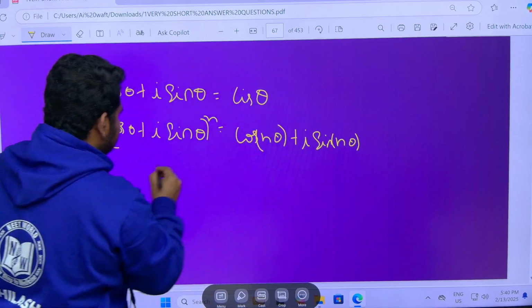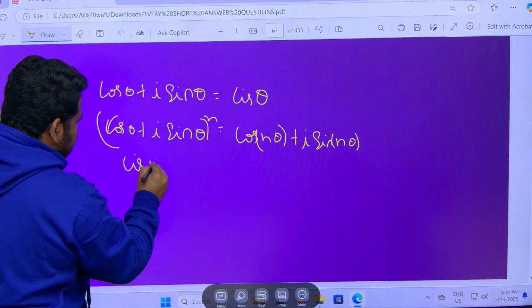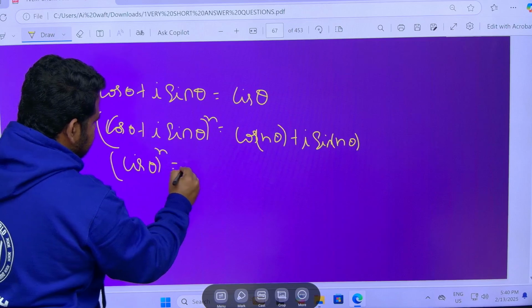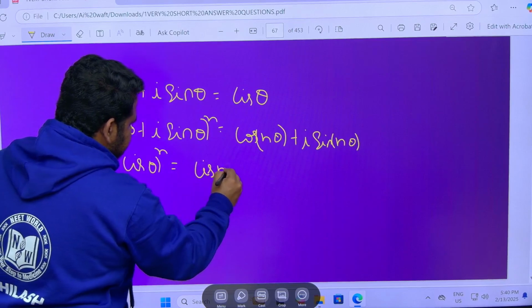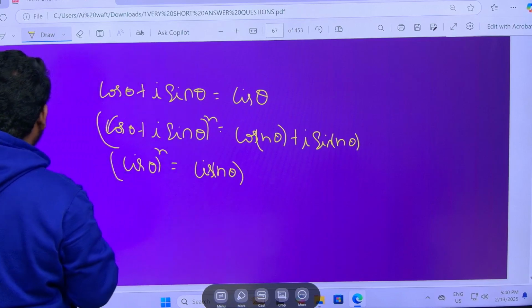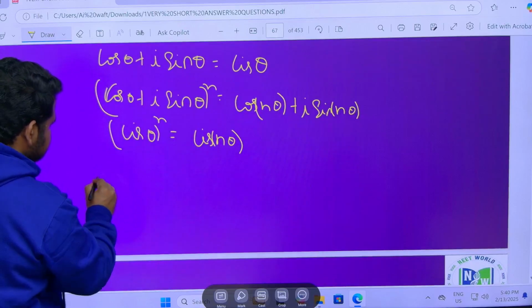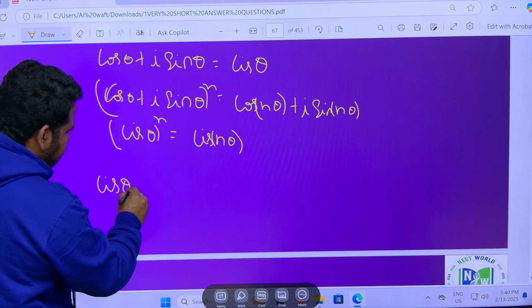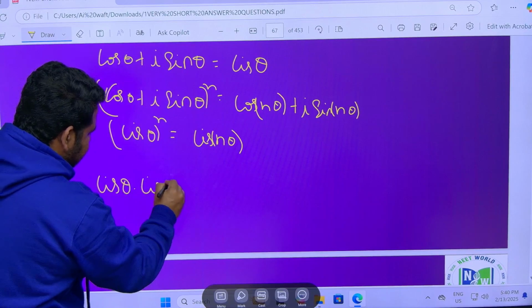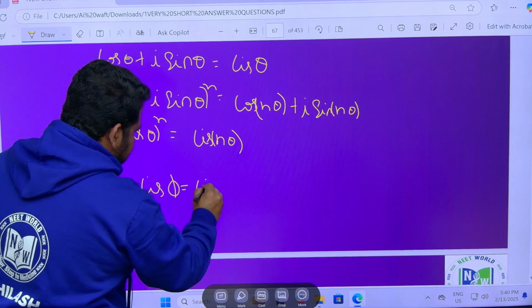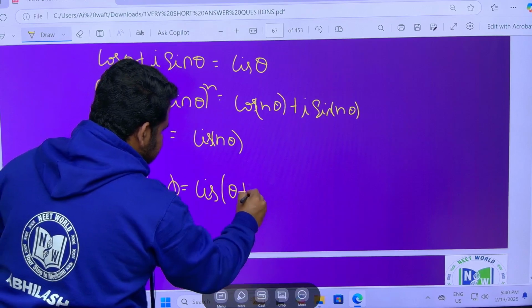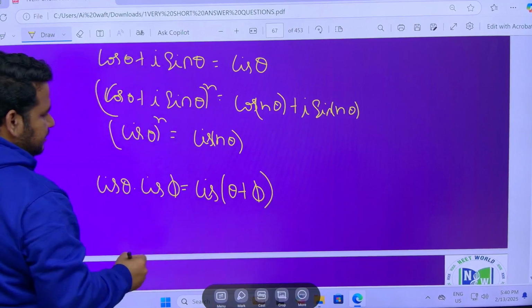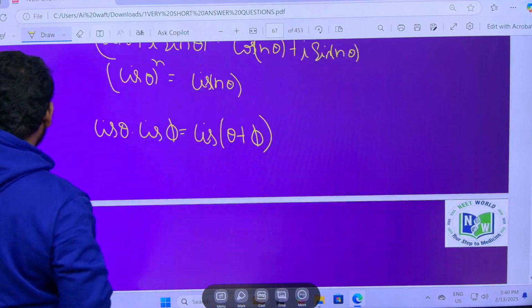So cis theta to the power of n will become cis n theta. One more property we have to learn: suppose theta is one value and another value is cis alpha, then this is equal to cis theta plus alpha, where theta and alpha belong to real numbers.